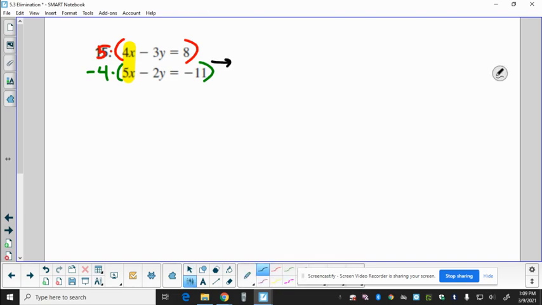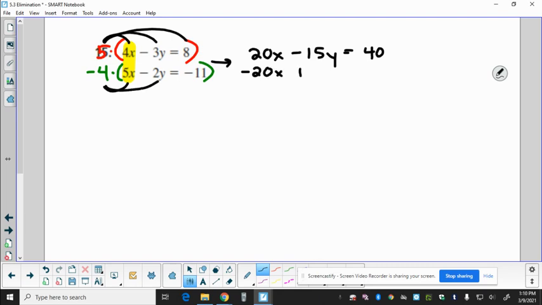Let's multiply everything out. Let's do a distributive property. So that'd be 20x minus 15y equals 40. Let's look at the bottom equation. Let's see how we did. That's negative 20x, so that's going to work. Look at that. That's plus 8y and 44.